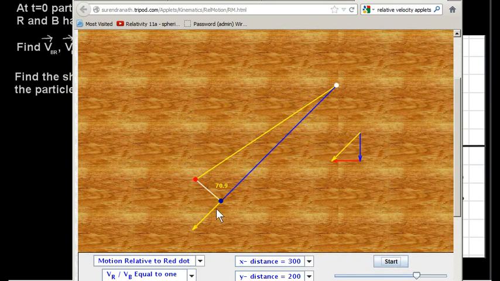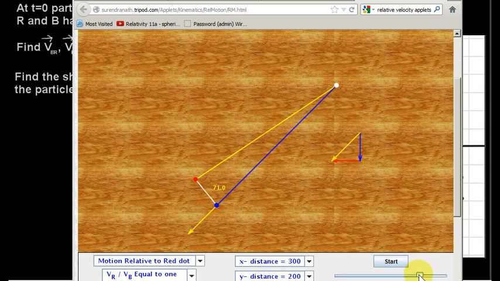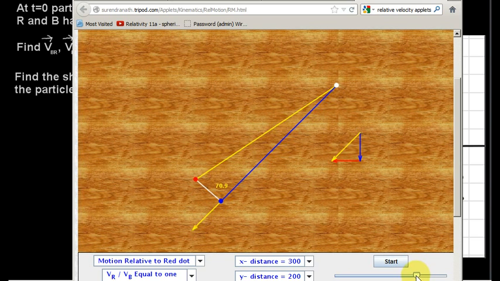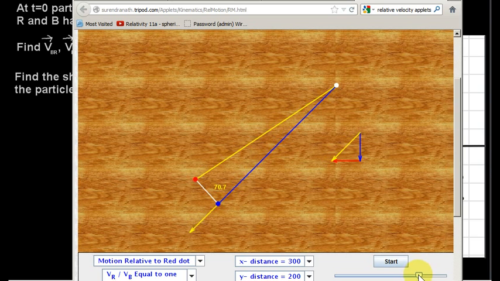If we stop at about here, we see that the shortest distance between the particles, that is the perpendicular distance of the red particle to the trajectory of the blue particle, is about 70.9. As a matter of fact, if we play around with this applet, we will see that it's about 70.7.